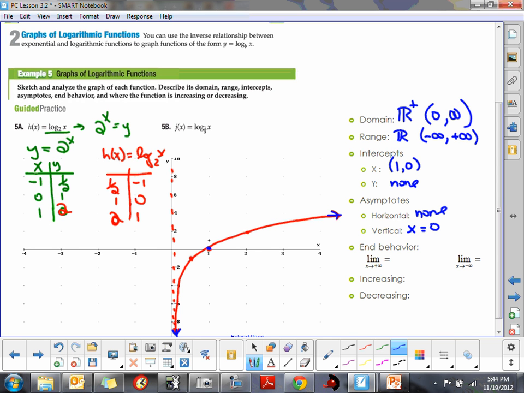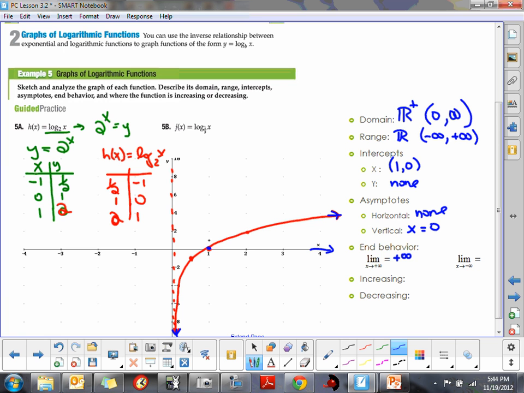The end behavior, well, how about the limit as x approaches positive infinity? As x approaches positive infinity, our y's are going to approach positive infinity. And how about the limit as x approaches negative infinity? Well, x can never approach negative infinity, so at best we can approach 0.